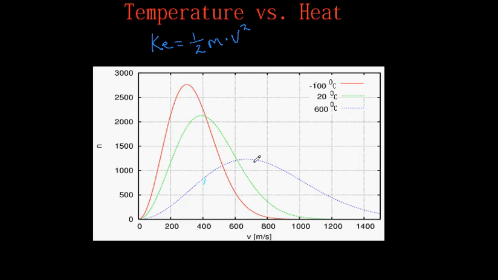But the average kinetic energy, and remember it's their velocity we're looking at, is right here in this 700 meter per second range. So that's just a graph that shows you how temperature is an average kinetic energy reading of the molecules in a substance.